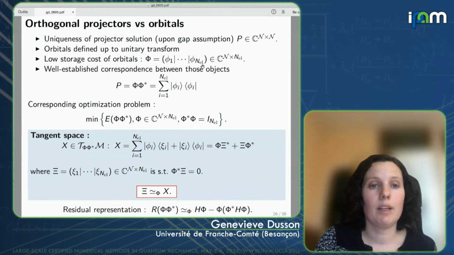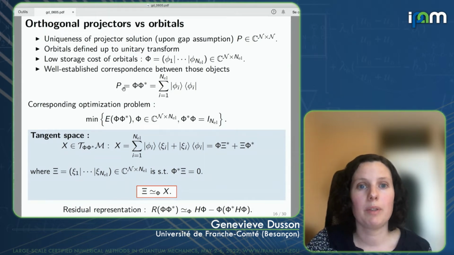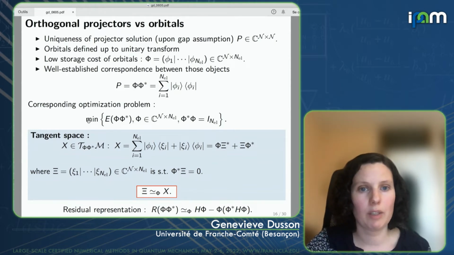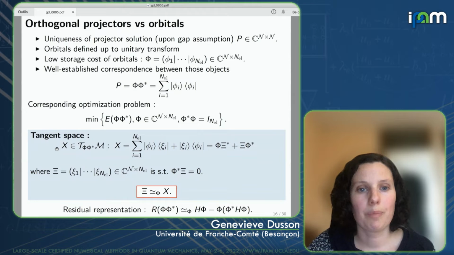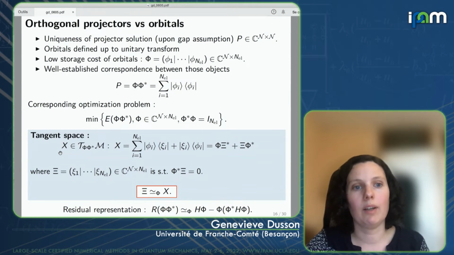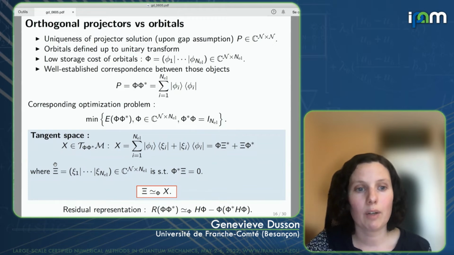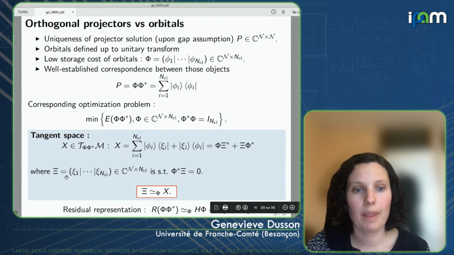And then there is a well-established correspondence between those objects. So we can write down easily the projector in terms of orbitals. And then we can also write down the minimization problem in terms of orbitals or projectors as I showed. And we can also characterize objects in the tangent space with equivalent vectors.